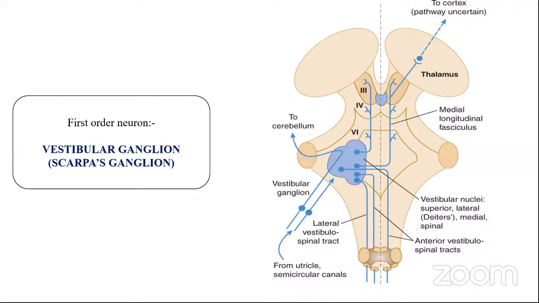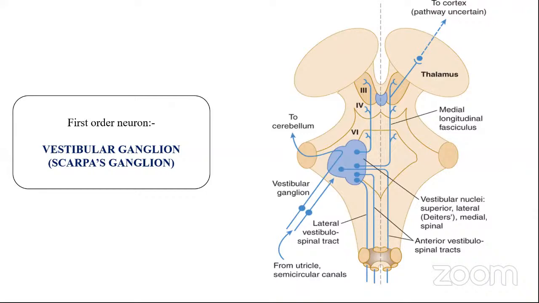There are connections with the third, sixth, and fourth nerves. The third nerve is the oculomotor, the fourth cranial nerve is the trochlear, and the sixth cranial nerve is the abducens.